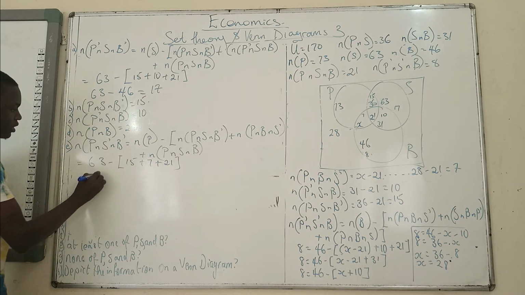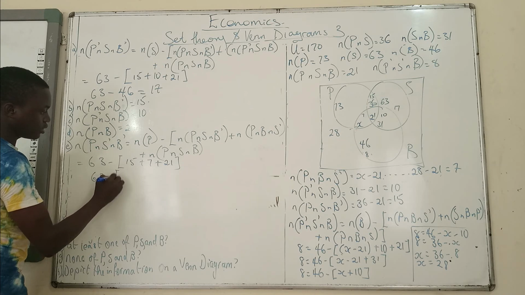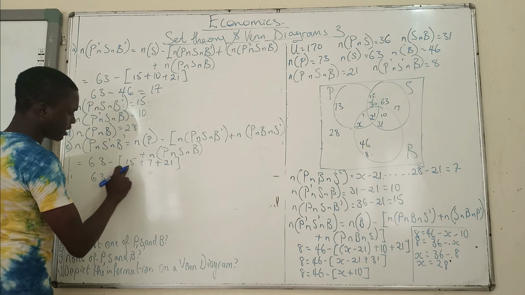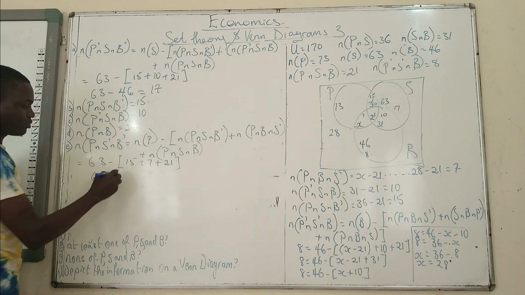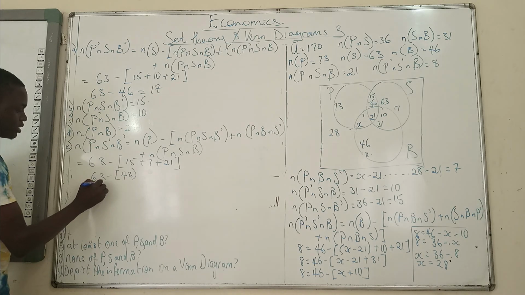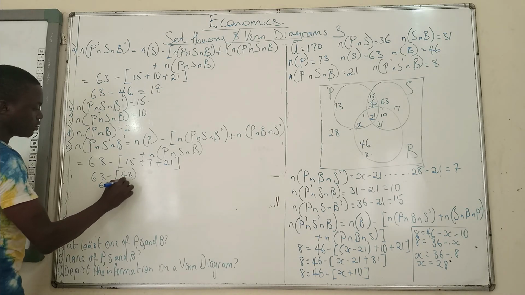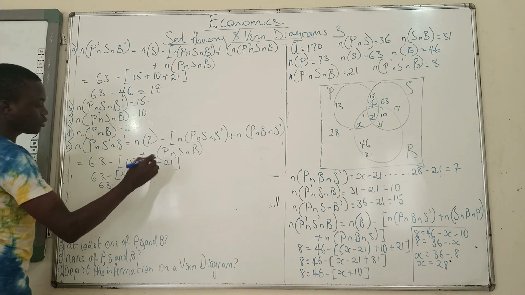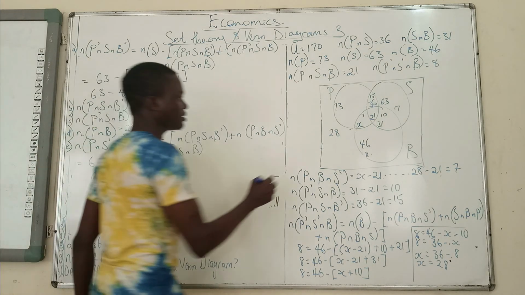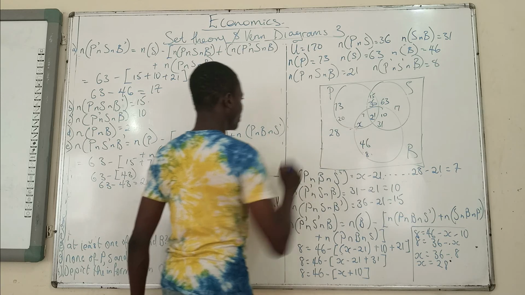So this is 63 minus, we open this, 15 plus 7 is 22, 22 plus 21 is 43, so 63 minus 43 equals 20. So if these calculations are correct, 20 students attended primary schools only. So I can just write that: 20 students attended primary schools only.